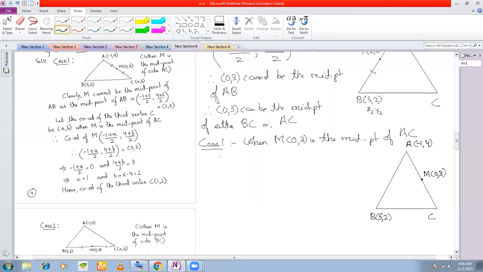So I say let the coordinates of the third vertex C be (a, b). So that means I have considered this vertex to be (a, b). Okay. So now we shall find out in terms of a and b the midpoint of AC.